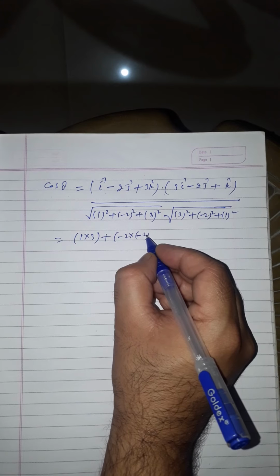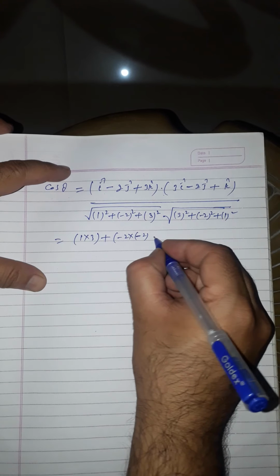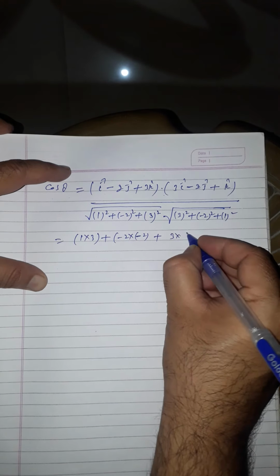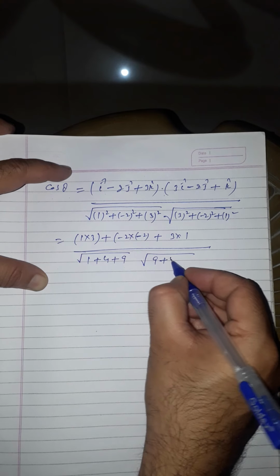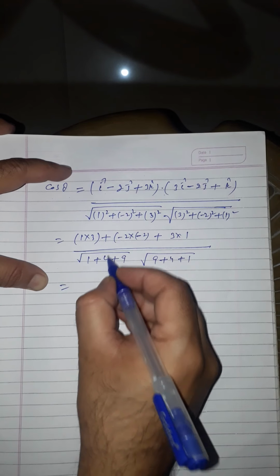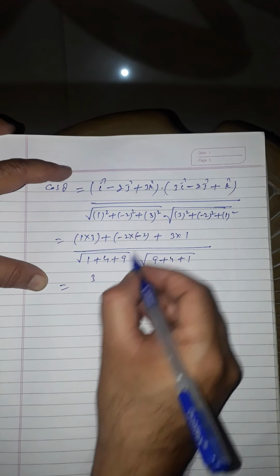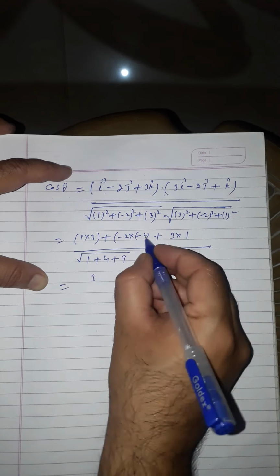right students? Then plus 3 into 1. From here we get 1 square is 1, 2 2s are 4, 3 3s are 9, and 3 3s are 9, 2 2s are 4, plus 1. And students, the numerator is 3 plus 4 plus 3, upon root of 9 plus 4, 13, 1, 14, root 14 into root 14.